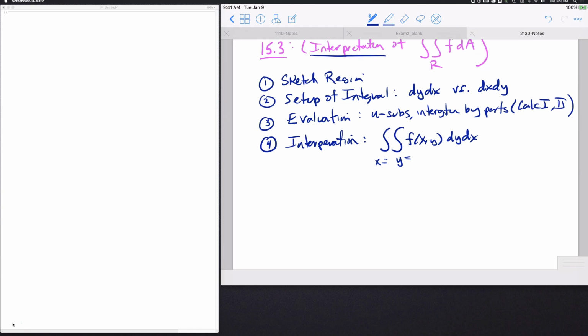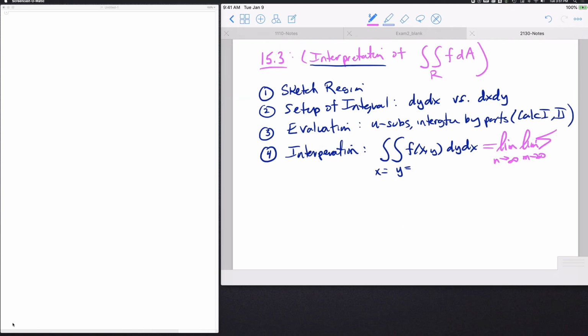Going back to the Riemann sum roots of the double integral, when you compute a limit as the number of rectangles goes to infinity, there's a double sum involved, and we won't fill in any more of the details here.